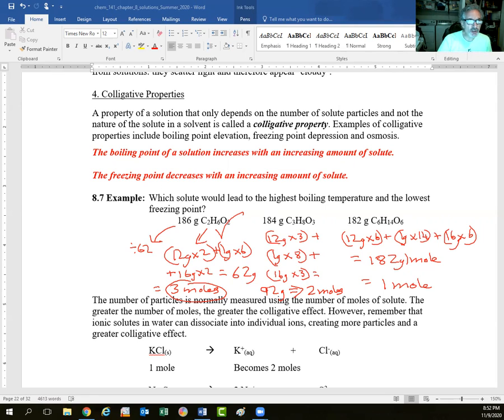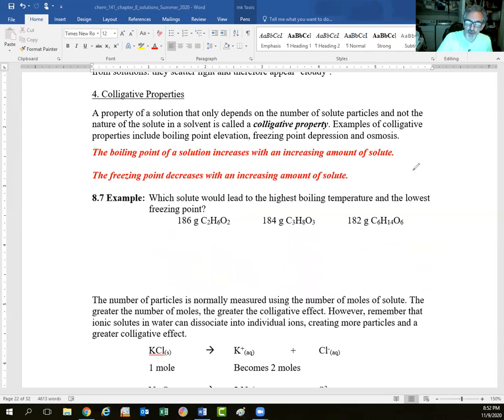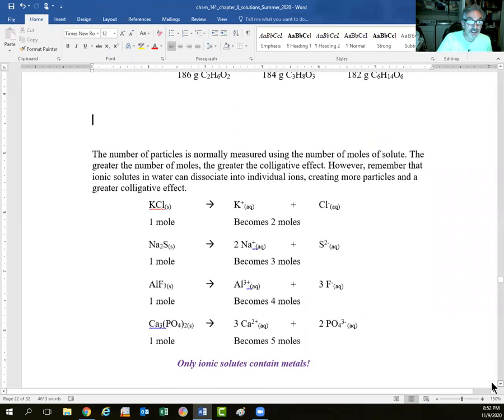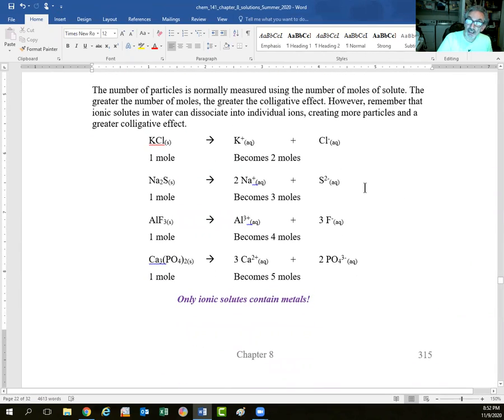And that's almost all there is to write about freezing point depression and boiling point elevation, with one small caveat which is important. That is that sometimes the solute you add is an ionic solute.